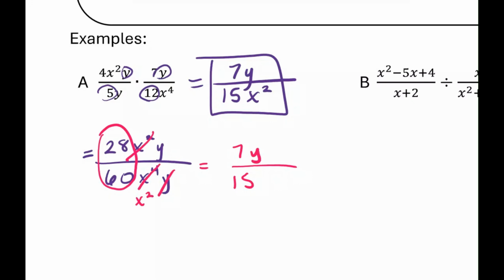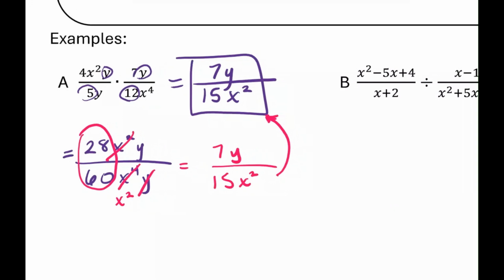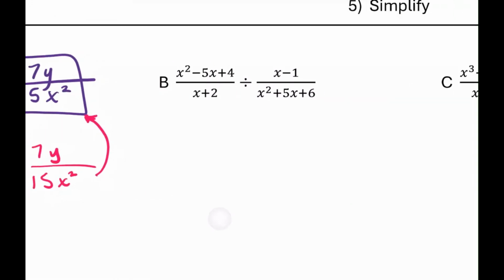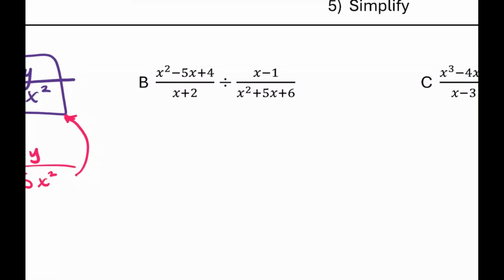So you would still end up with the same answer. So you decide, do you want to simplify it first or simplify it last? It's up to you. That's only for multiplying though, because remember on this one, we're gonna keep, change, flip. So you gotta flip it before you can start canceling things out.